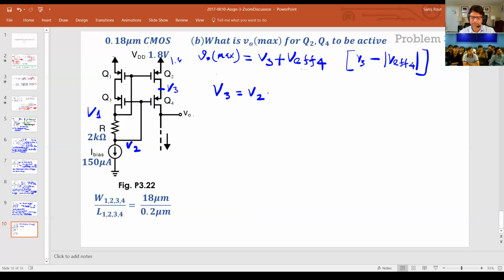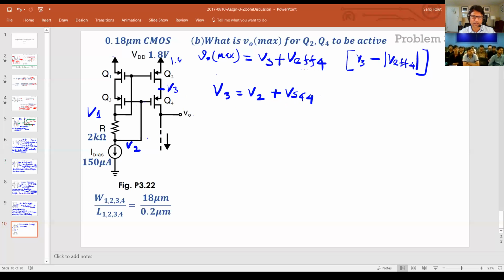So I'll write it as V2 plus VSG4. Okay, so that's the source to gate voltage. The source to gate voltage is a positive voltage. Gate to source voltage is a negative voltage because this is PMOS. Okay, so I might change this just to keep it not confusing.